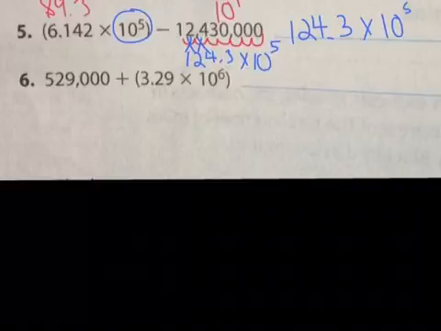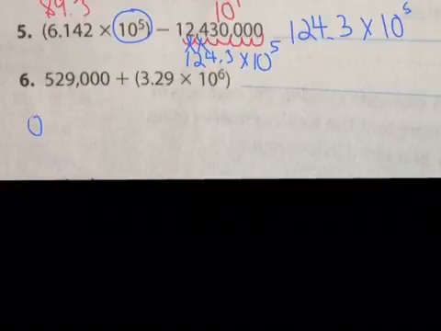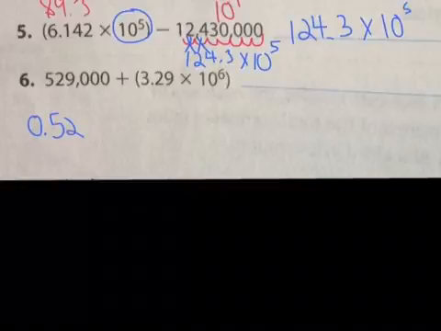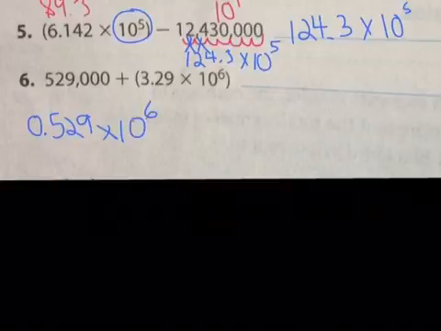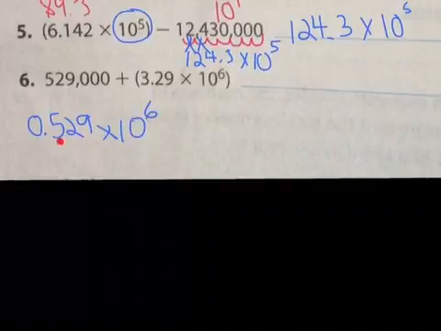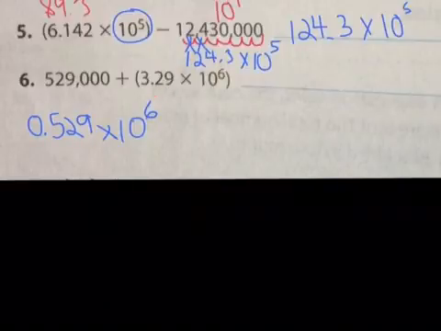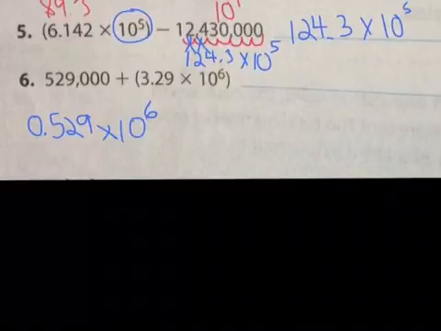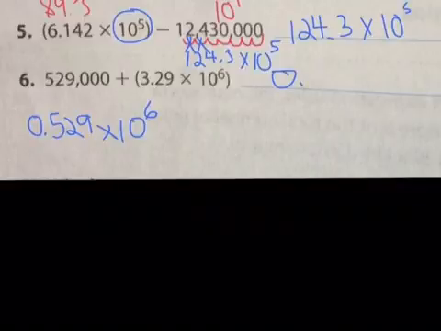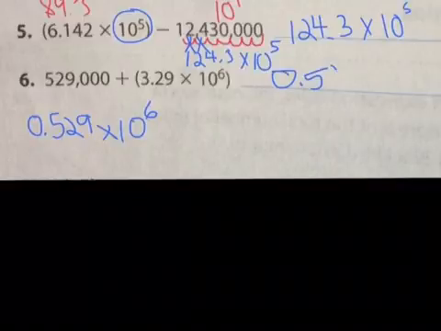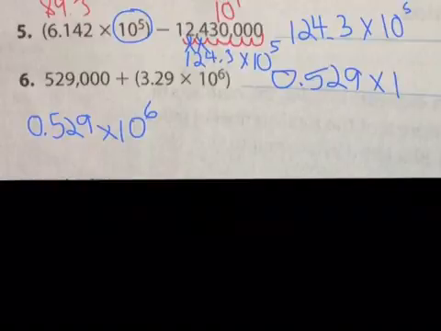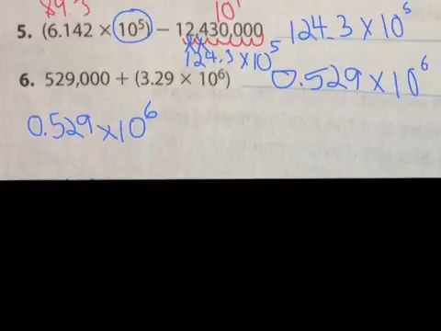Now, I could keep it at the 6th power here and make this 0.529 times 10 to the 6th power, so that I know that I'm only adding this part to the decimal, you see, so that it can make it equal. So yes, 0.529 times 10 to the 6th power.